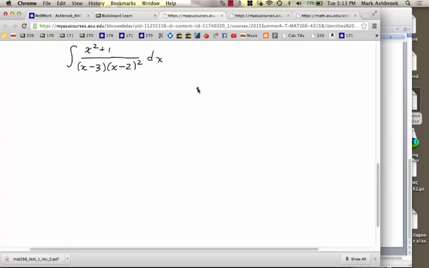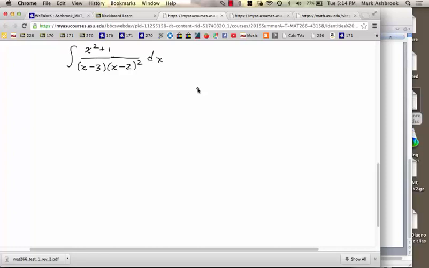Okay, this is a little more involved here. First of all, do I need the long divide? Why not? The degree of the denominator is what? 3, right? You've got an x minus 3 and an x minus 2 squared.